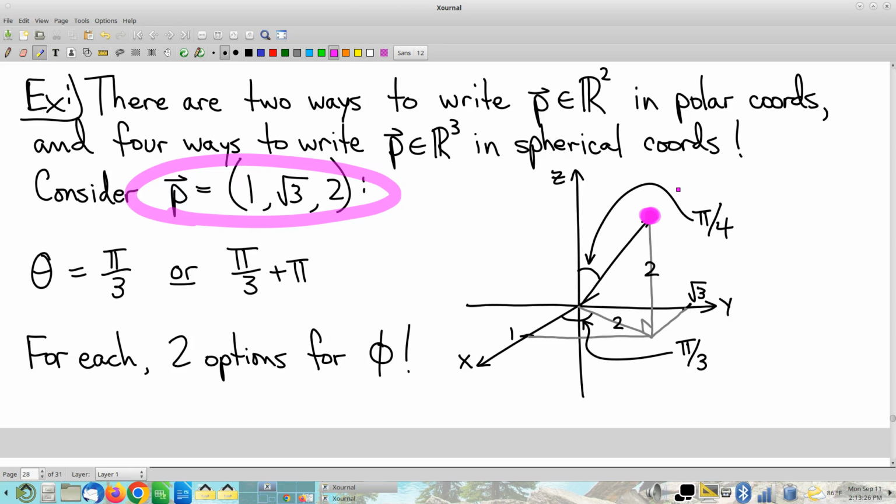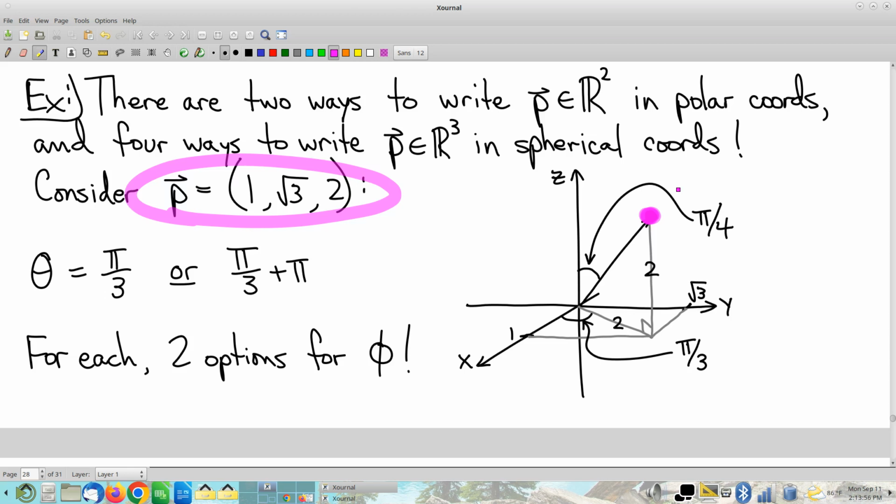So recall, when we were doing polar coordinates, they are not unique. Even ignoring that you can add 2 pi to any angle and nothing happens, there's still two different ways to write polar coordinates. You've got the one where theta is pointing at the point and r is positive, and then there's the one where theta is pointing away from the point and then r is negative.